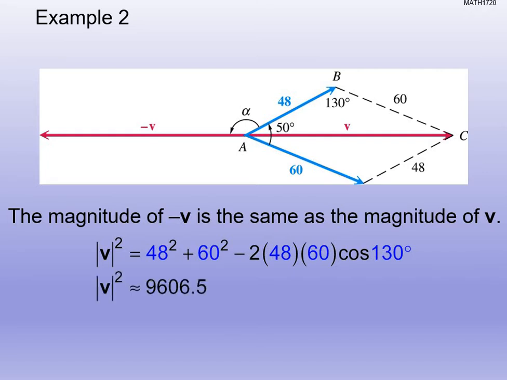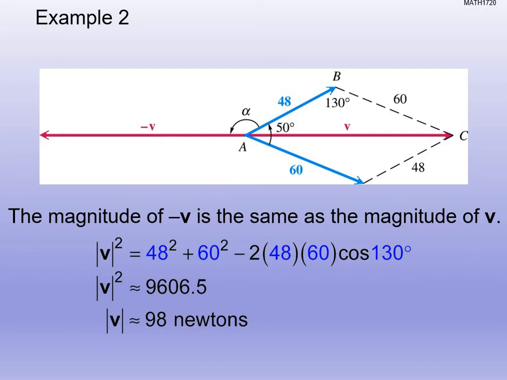Here's what alpha is. So when you substitute in the values, we get the sum vector, or the resultant vector, is 98 newtons. Okay, so the next step is the opposite vector, that negative V, the equilibrium vector. All those different names mean the same thing.